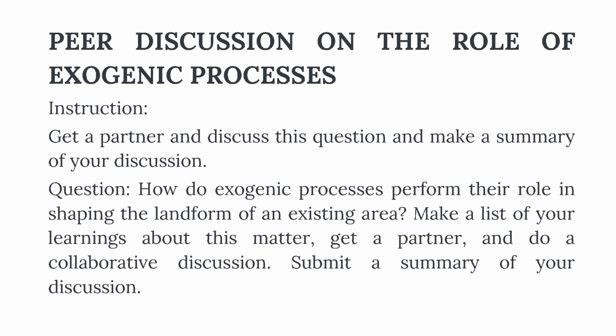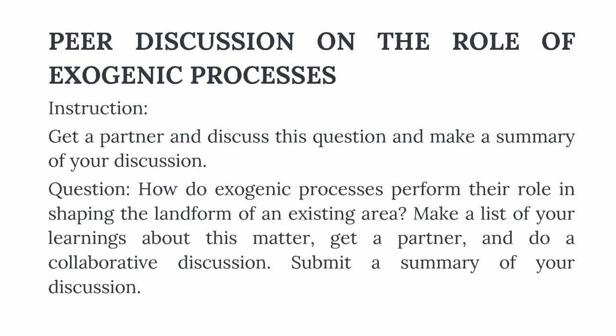And for your peer activity on our next meeting, this activity is named Peer Discussion on the Role of Exogenic Process. Get a partner and discuss this question and make a summary of your discussion. And here is the question.